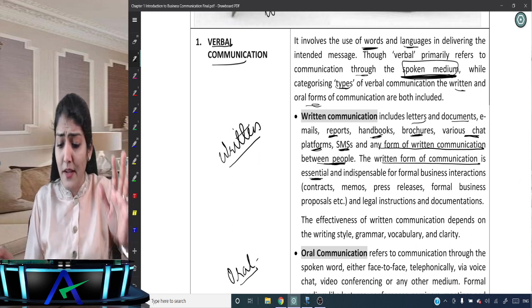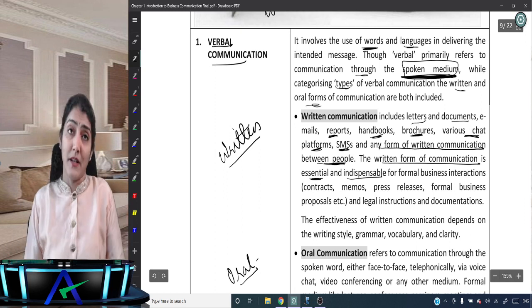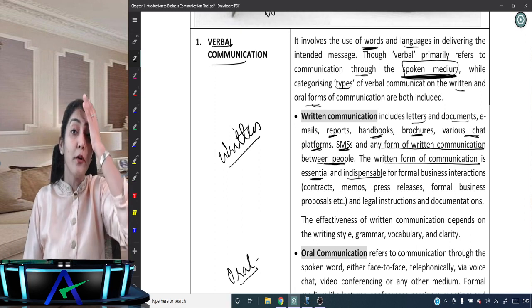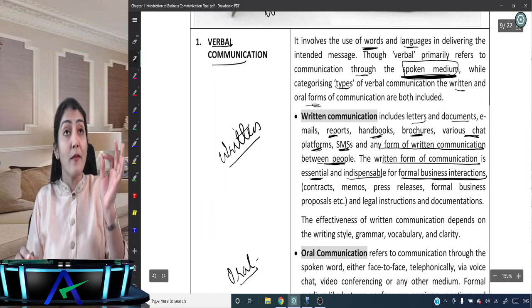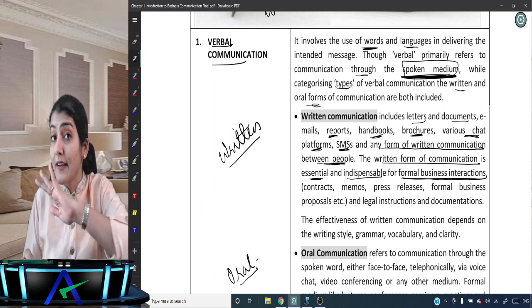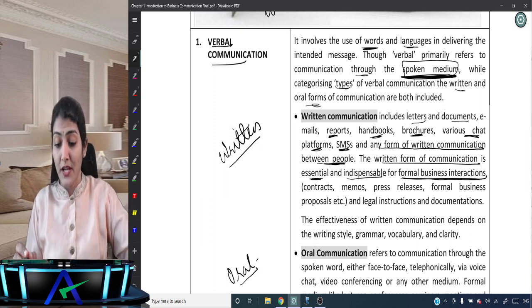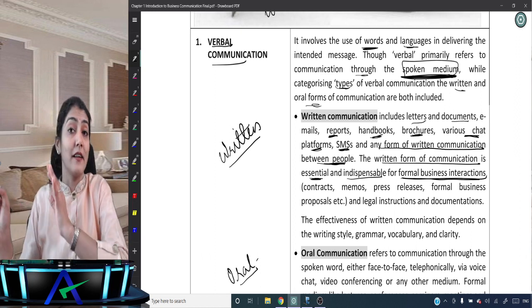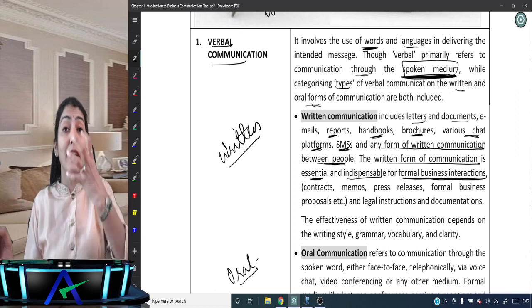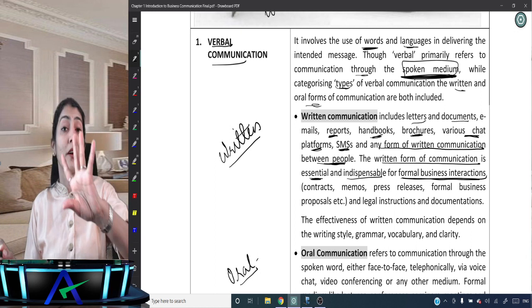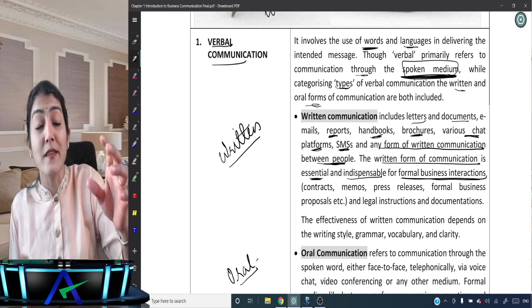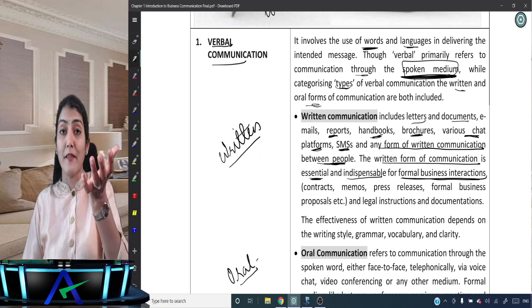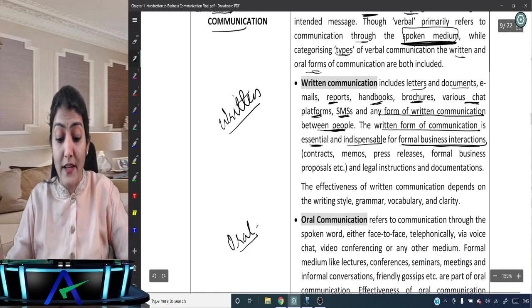So it is essential and indispensable, and you cannot avoid it or do away with it for formal business interaction. Not that oral is not important, but written form is the most important, essential and indispensable for formal business interaction.